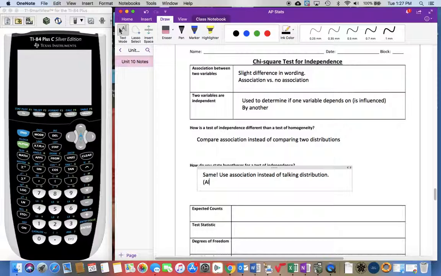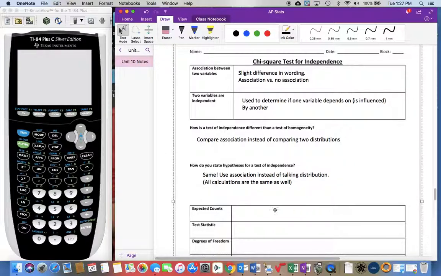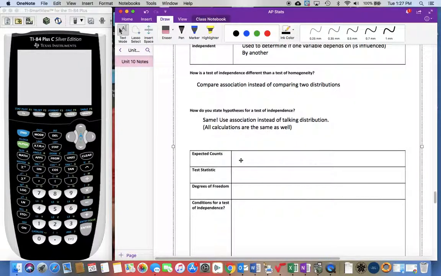The good news here, too, is that all the calculations are the same as well. You're still going to be using that chi-square test button. It's still going to autofill the values into your second matrix for your expected counts. So the good news there is that that is all the same. I'm not going to give you a whole lot of formulas for these.